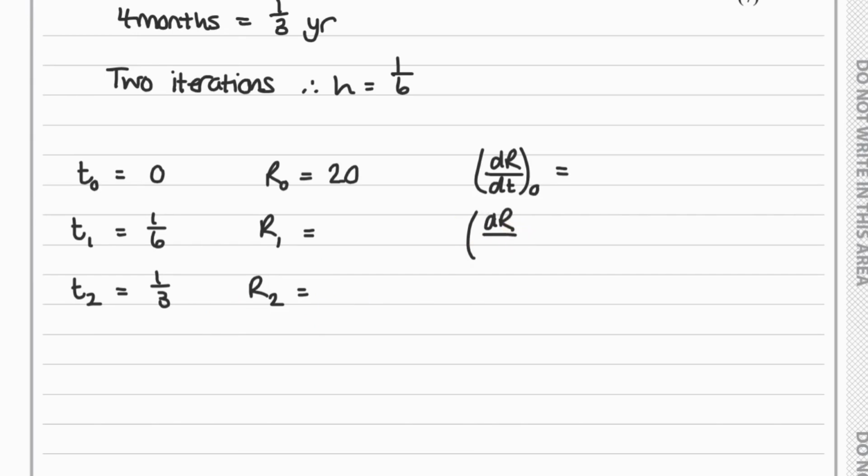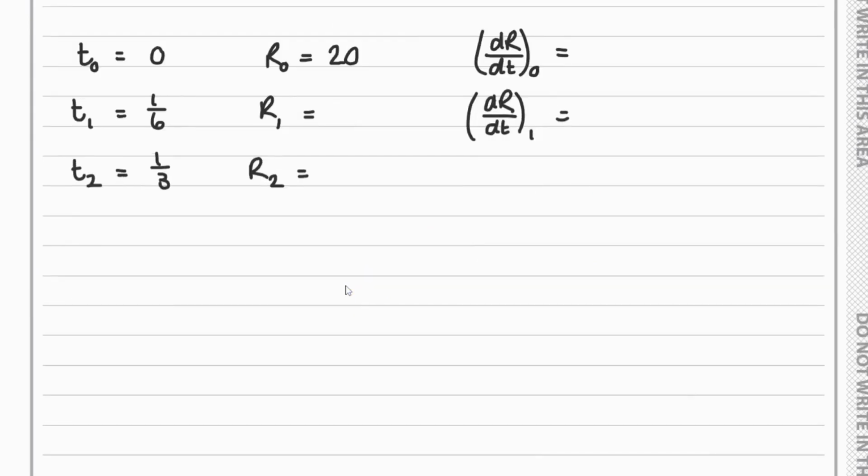And once I've got t1 and r1, I can work out dr/dt at 1. So I'm not going to put my answers all in here, but I'm just going to tick off when I've got the information, so I know I've got enough information to get to the next step. I need a full line to be able to get r on the next line. And then once I've got r, I can then find this, and then I can go down. So I need to find 3 values before I can get to my answer in r2.